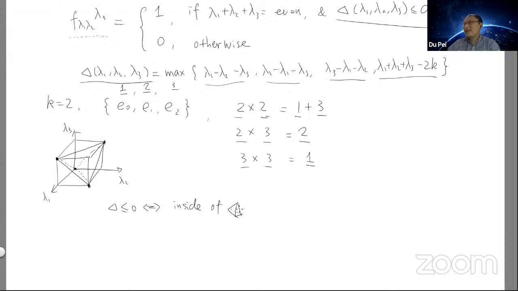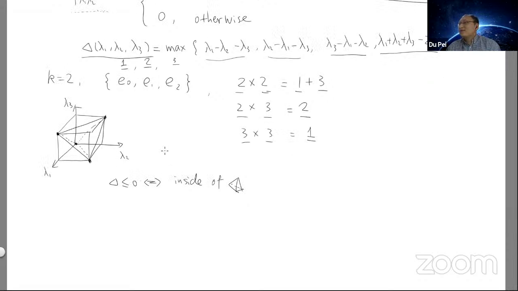So by making this algebra very explicit, you can do some very concrete computation. For example, you can look at the partition function of this 2D TQFT on a genus 2 Riemann surface.